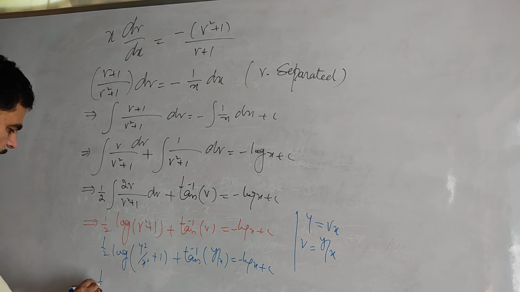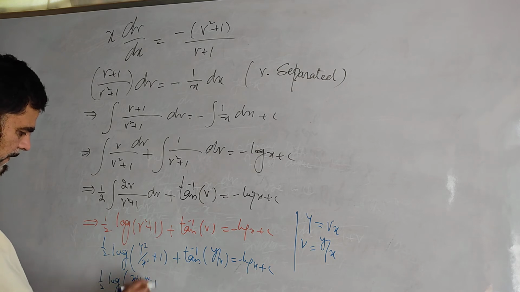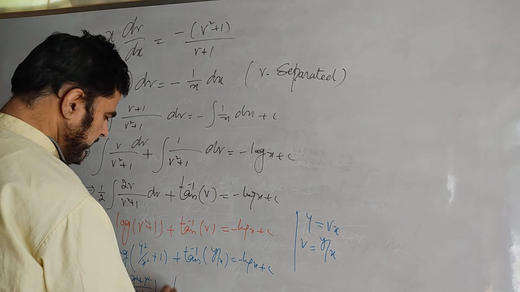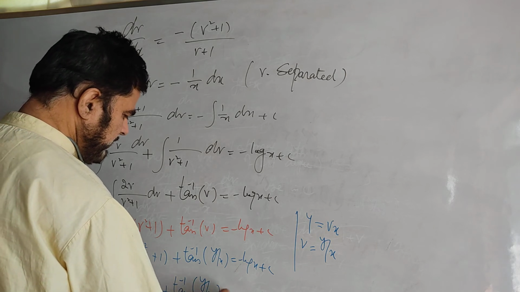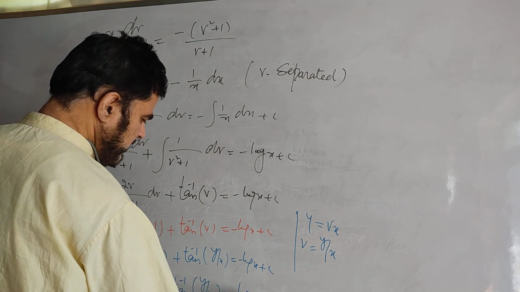This gives 1 by 2 log of x square plus y square by x square, then plus tan inverse y by x is minus log x plus c.